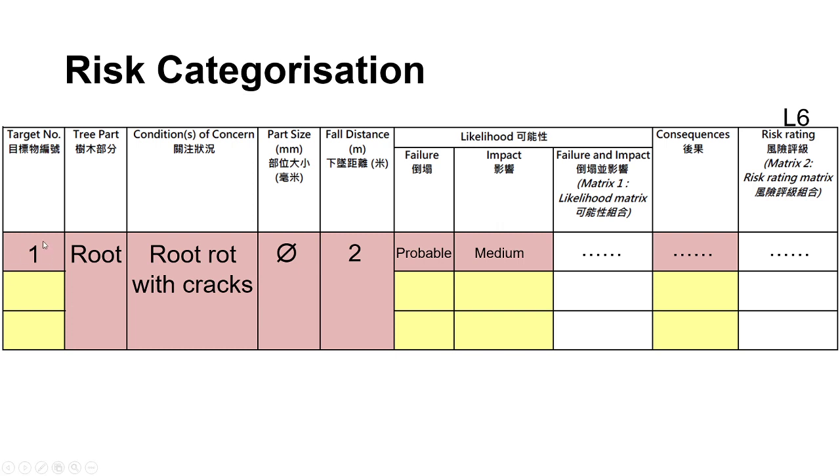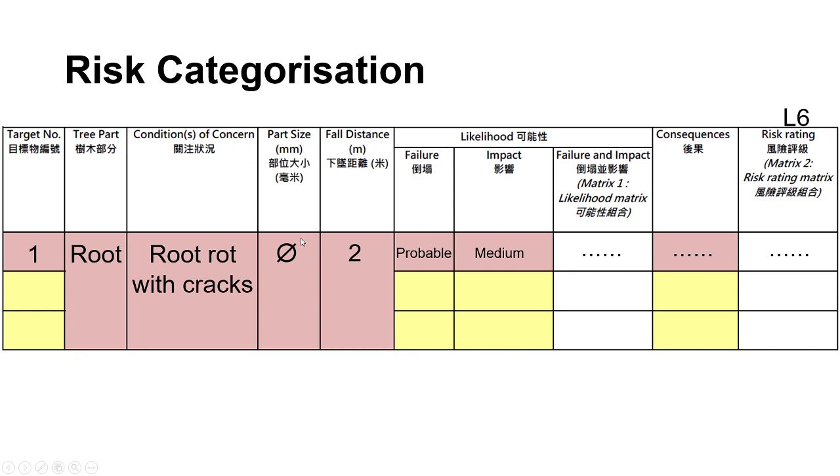Let's say your target number is the root or the root system, then you just restate it here. Then state the conditions of concern. If there is only one defect, you can just copy and paste the defect name into this box. Sometimes you can also state the surrounding environment of that defect. Then for part size, in terms of millimeter, state the diameter of that tree part.